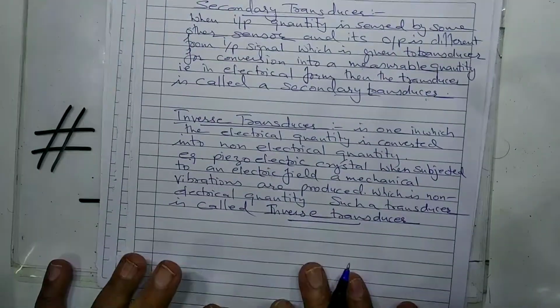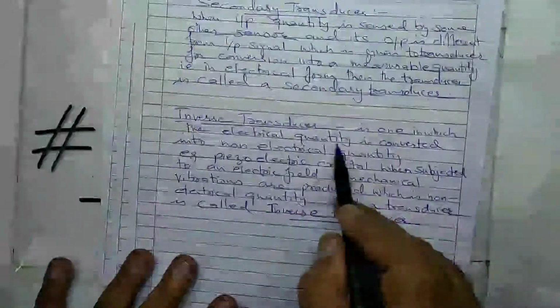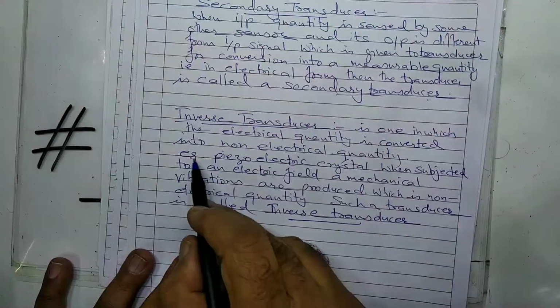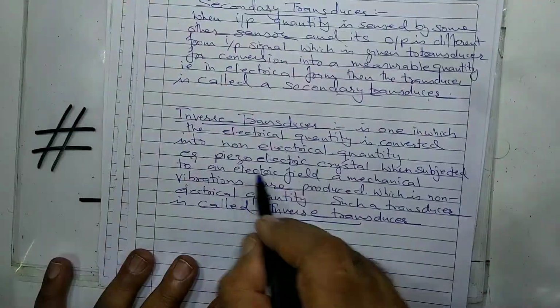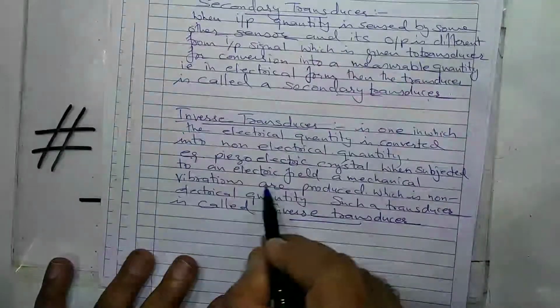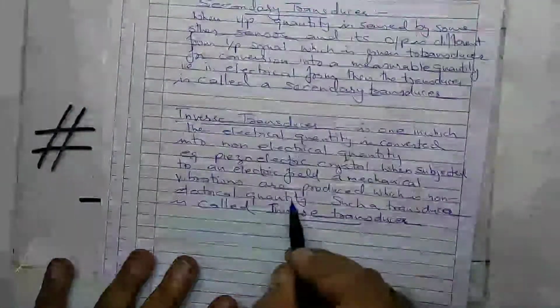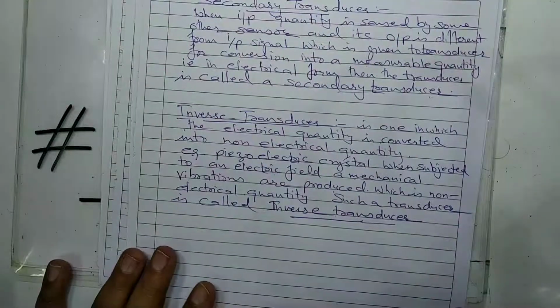Inverse transducer. Inverse transducer is one in which the electrical quantity is converted into non-electrical quantity. For example, piezoelectric crystal, where when subjected to an electric field, mechanical vibrations are produced which is non-electrical quantity. Such a transducer is called inverse transducer.